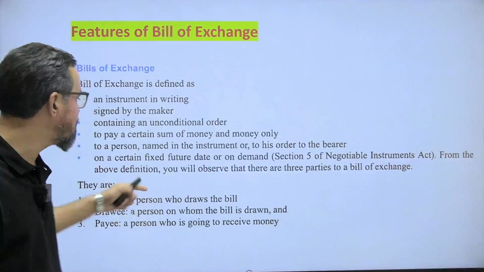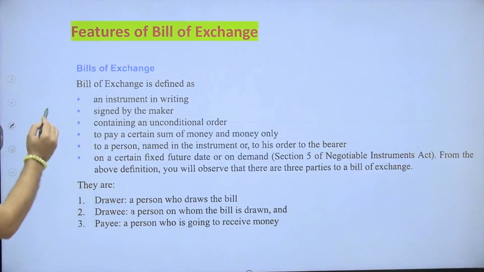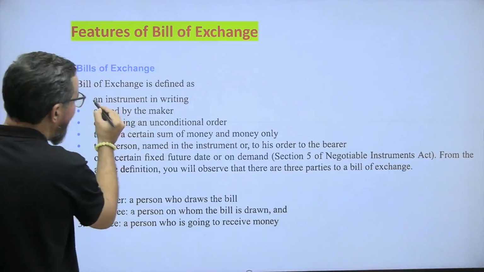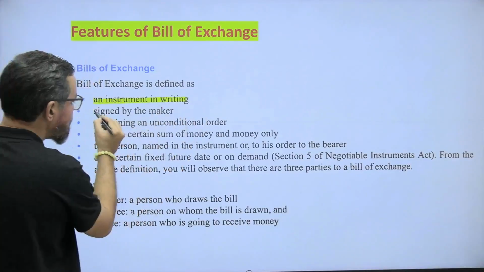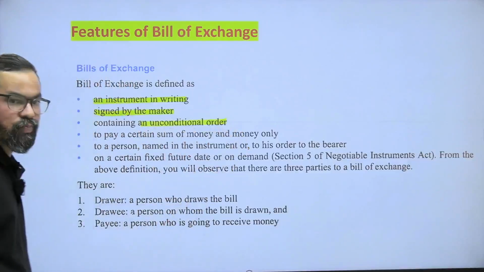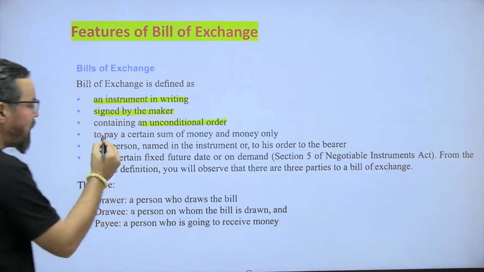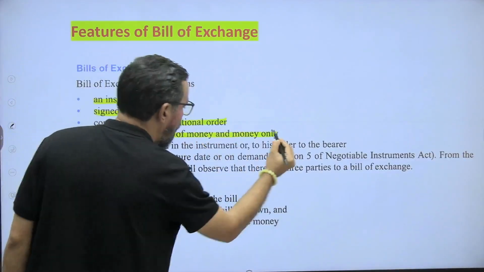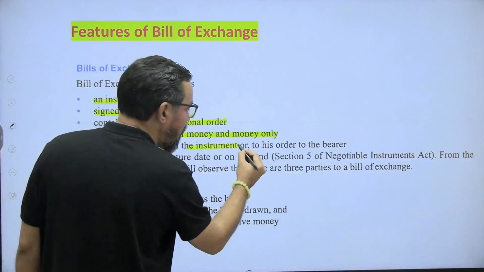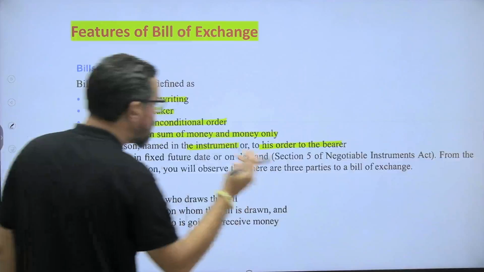Based on this particular definition, when it comes to the features of a bill of exchange, it includes an instrument in writing signed by the maker, the creditor, containing an unconditional order. There is no if and but, to pay a certain sum of money only to a person named in the instrument, or to his order, or to the bearer.